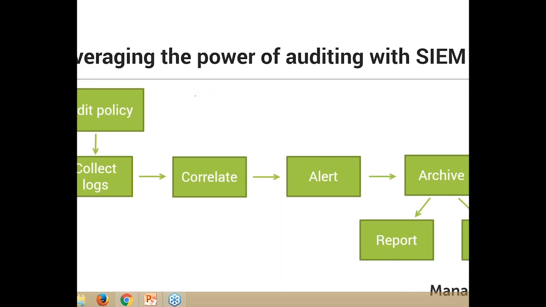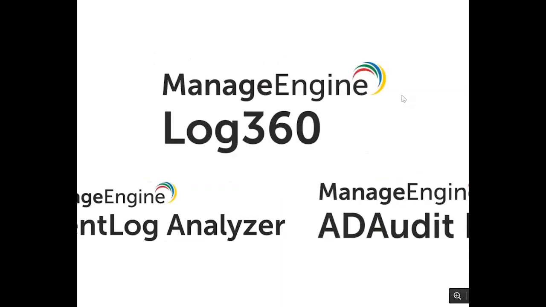I just wanted to talk about this so that you can relate to what I'm talking about in the rest of the slides, where I'm going to show you our SIEM tool, Log360. We made a comprehensive SIEM tool called Log360 last year by combining two existing products: Event Log Analyzer and AD Audit Plus.